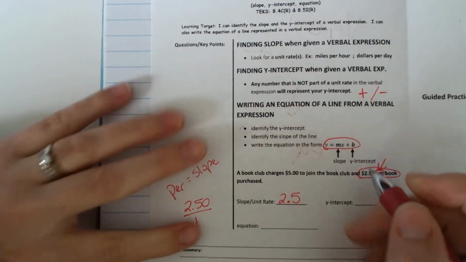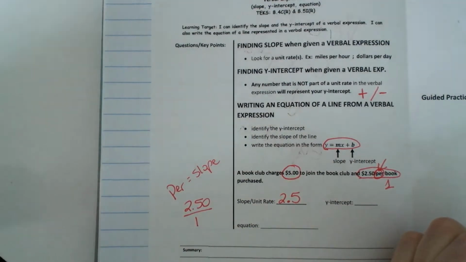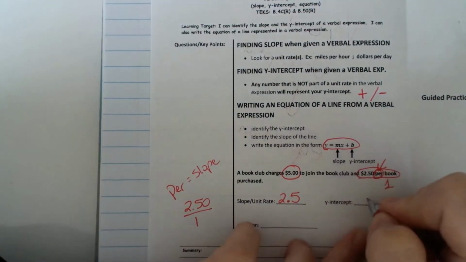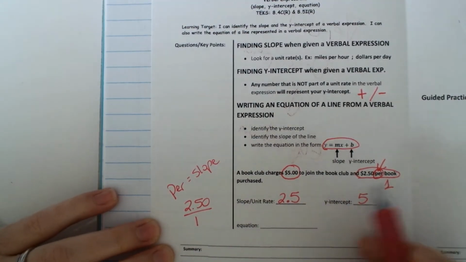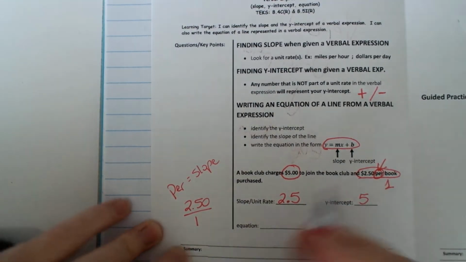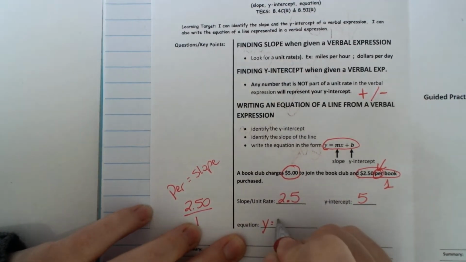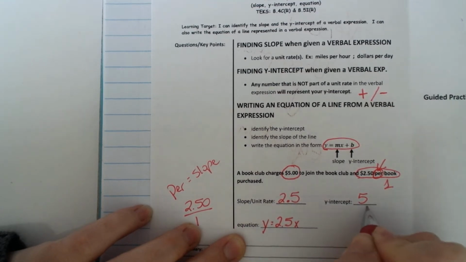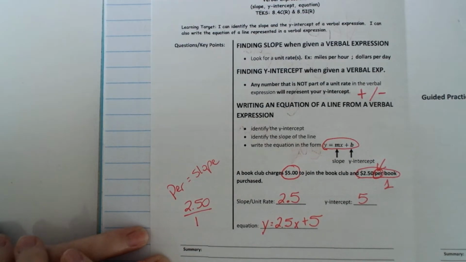Okay, the y-intercept is this fee right here. We know before we even get started we have to pay $5 to join, right? So the y-intercept is 5. And then I'm also paying $2.50 per book on top of that. So my equation is y equals, here's my slope, 2.5x plus, here's my y-intercept, plus 5.